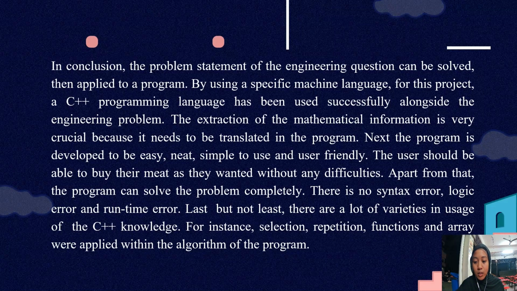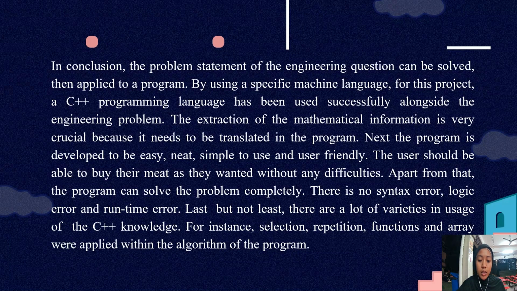Next, the program is developed to be easy, neat, simple to use, and user-friendly. The user should be able to buy their meat as they want without any difficulties. Apart from this, the program can solve the problem completely.